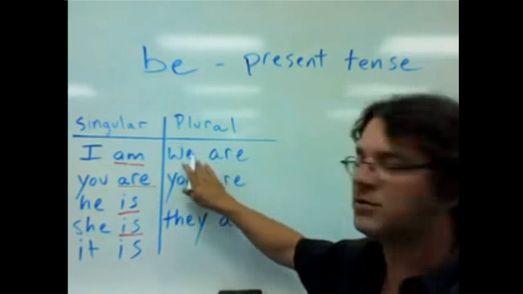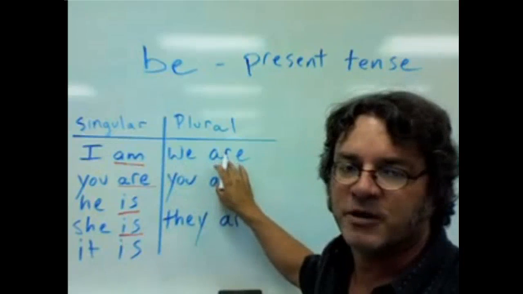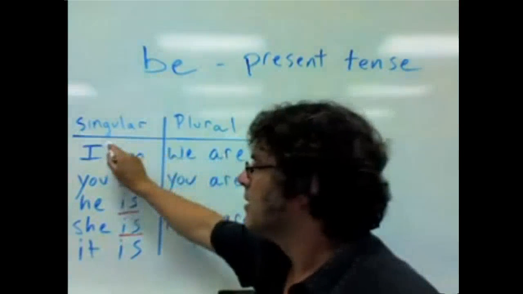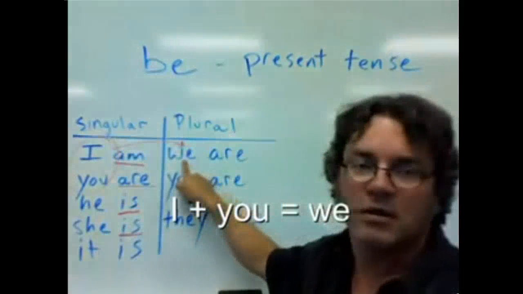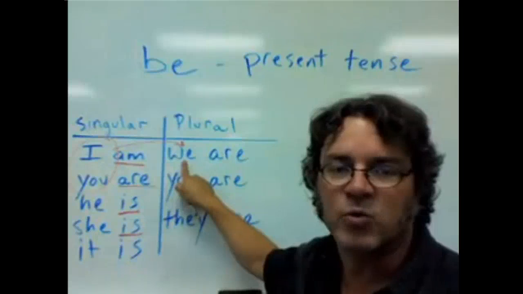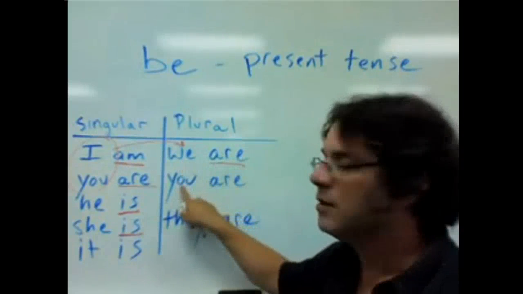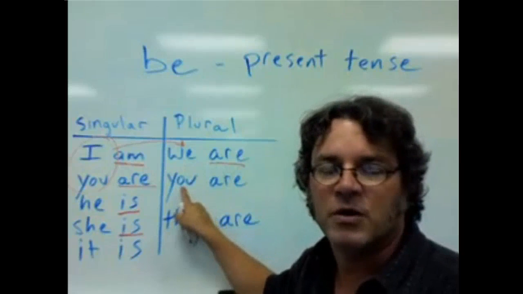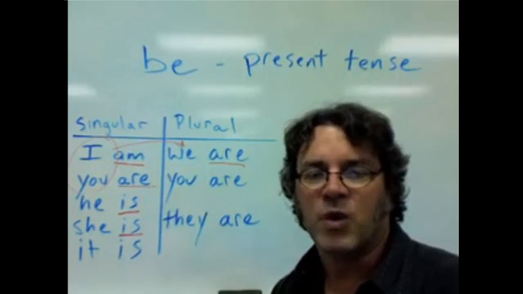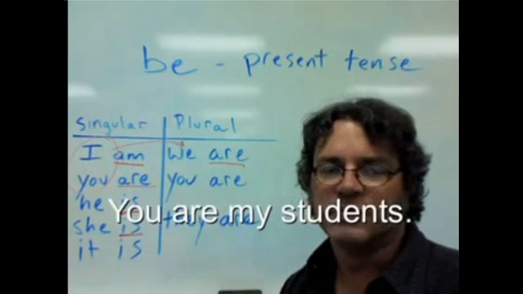Over here, on the plural side, we are. This is the verb be. I and you form the pronoun we. We are. You are. This is the plural form for you. So everyone who is watching this video right now, you are my students.